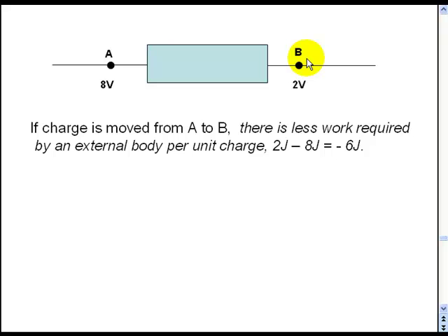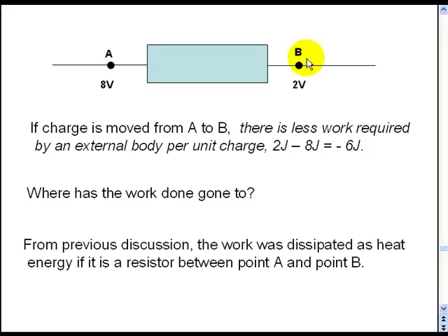It's going to be 2 joules minus 8 joules, which is equal to minus 6 joules. Where has the work gone to? From previous discussion, the work was dissipated as heat energy in a resistor between point A and B.